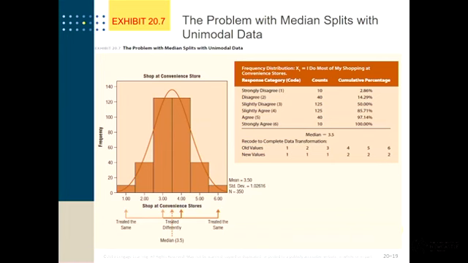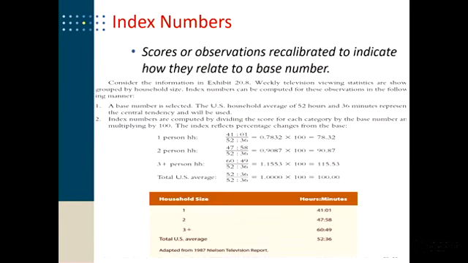Although median split is a general technique that we use for this type of data transformation, it works if you have the situation we saw in the last slide, a bimodal type of distribution. But in this case, you will lose information. It will be inappropriate to go for this median split. So that's one technique of data transformation.